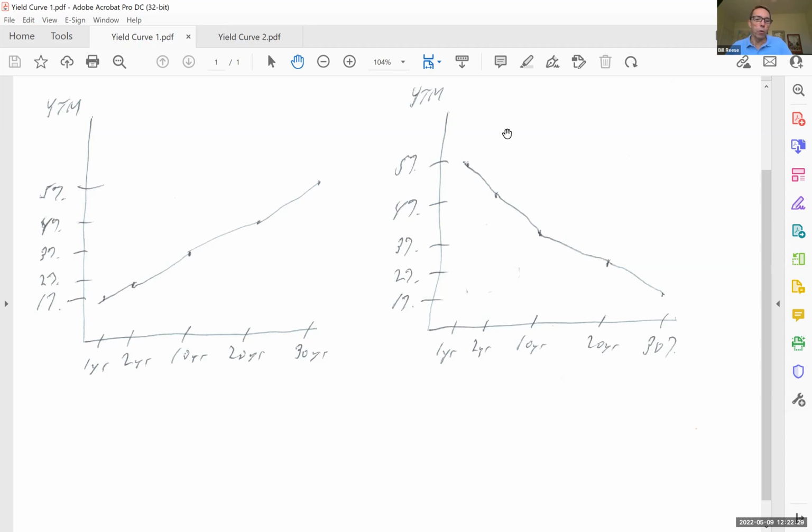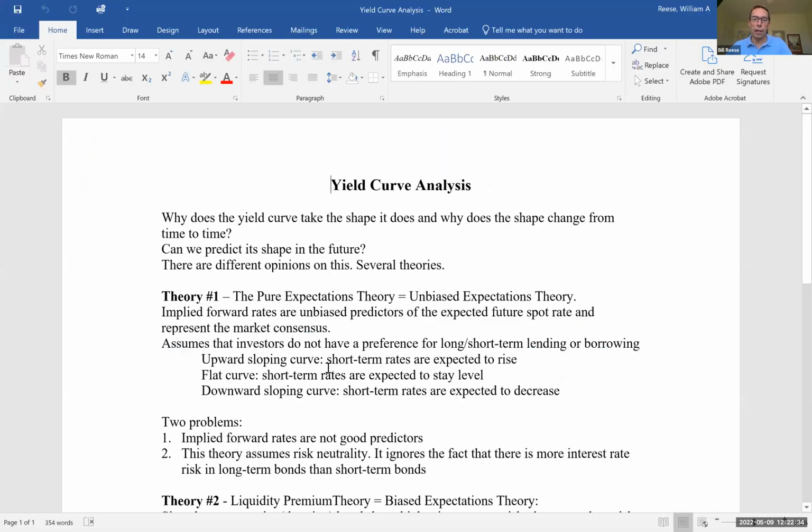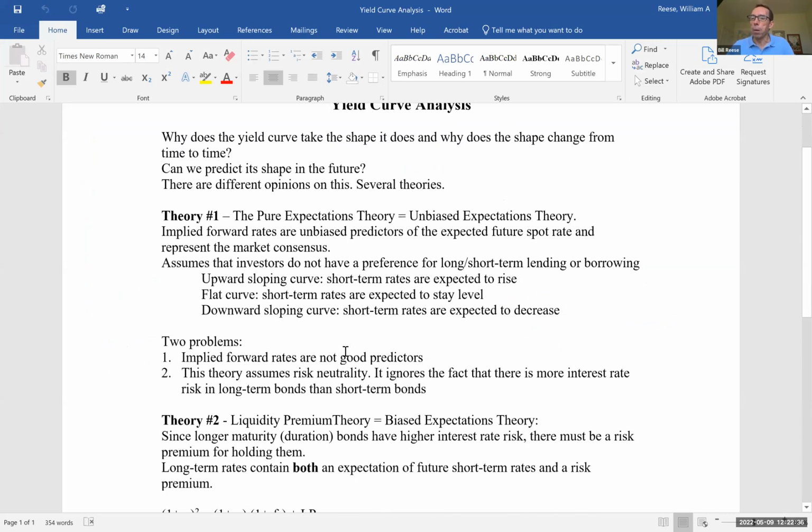And if I go to our class notes on this, you can see it's mentioned right in there. But there's a couple of problems with this theory. The first problem is that, in fact, the implied forward rates don't end up being great predictors of future spot rates. They don't do a great job. And one of the reasons is, as we said before, about 80, maybe 90% of the time, we've got an upward sloping yield curve.